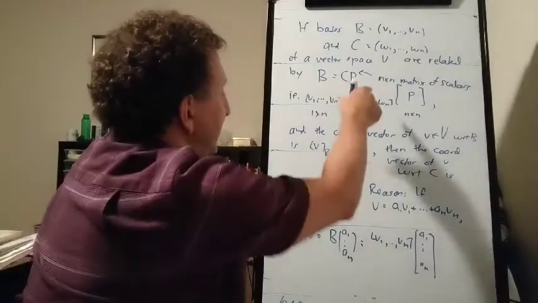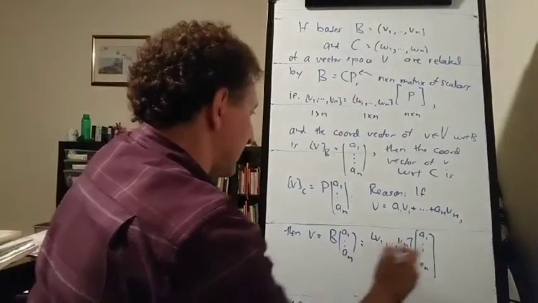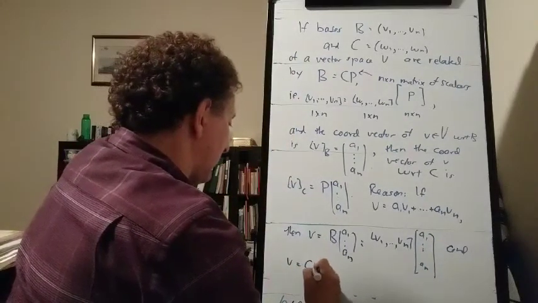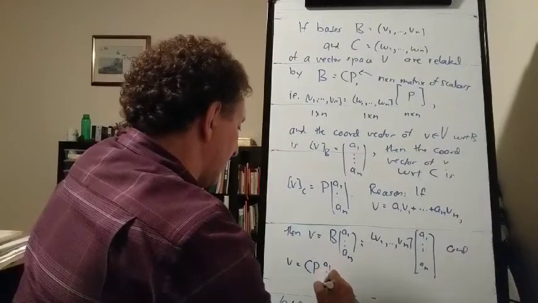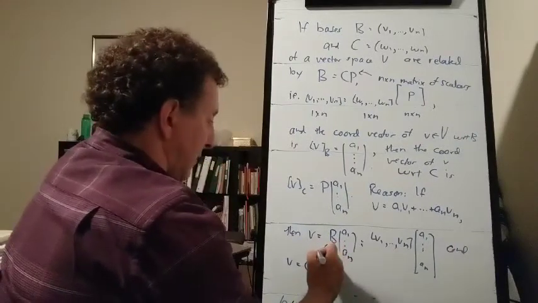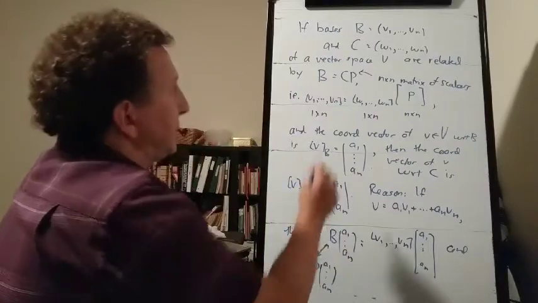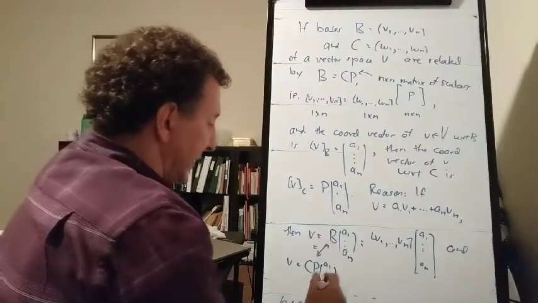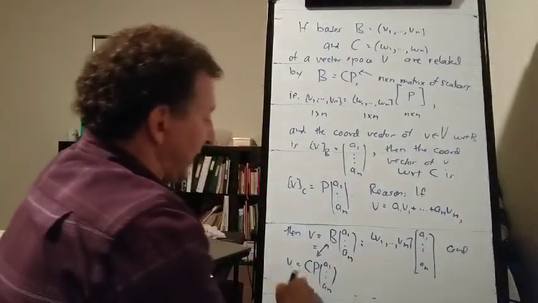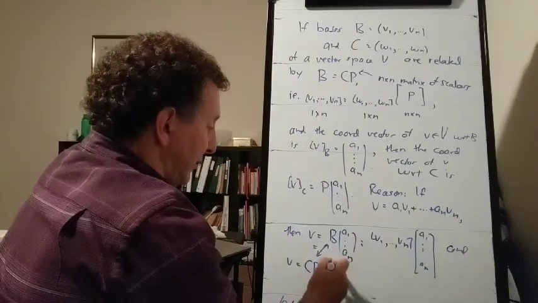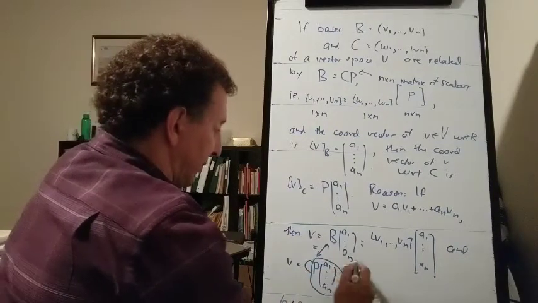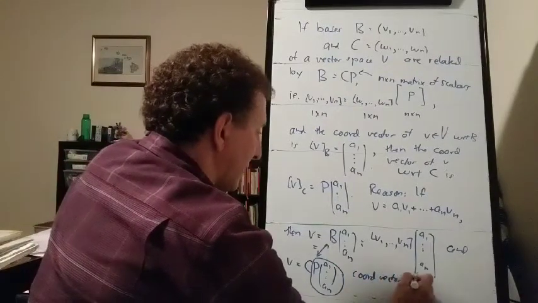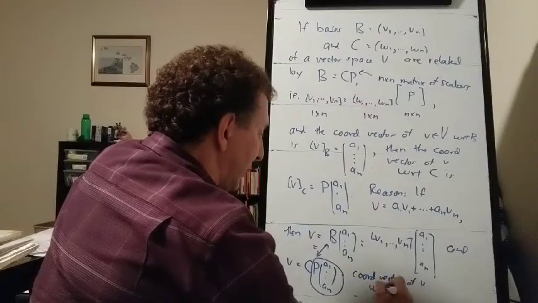And if B equals CP, so if B and CP are equal, then we can plug in CP for B, and now V equals C times P times the vector A1 through AN.